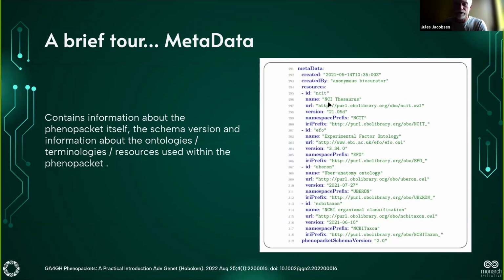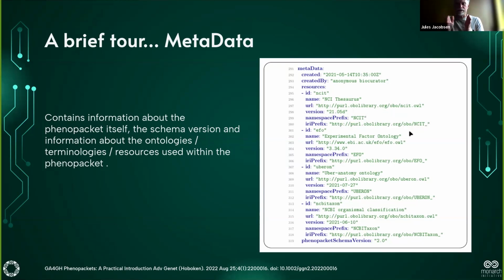So for example, take the NCIT. We've got the name of the resource, the NCIT thesaurus. You've got a URL, in this case it's an OWL file, and a version that would be used for this particular Phenopacket. Then you've got the namespace prefix, which is the NCIT colon part, and then the IRI prefix, which is the expansion of the query.